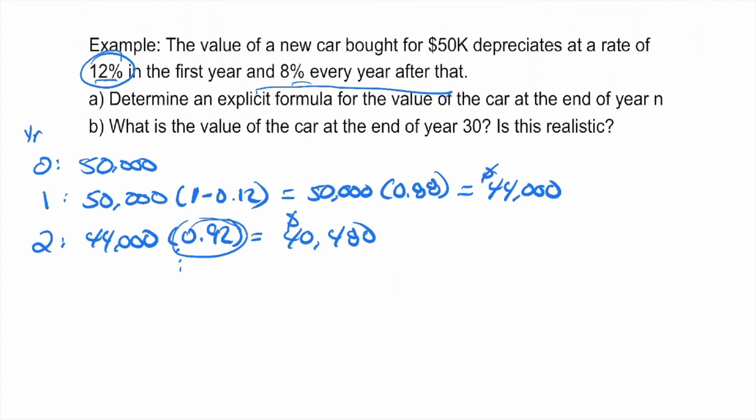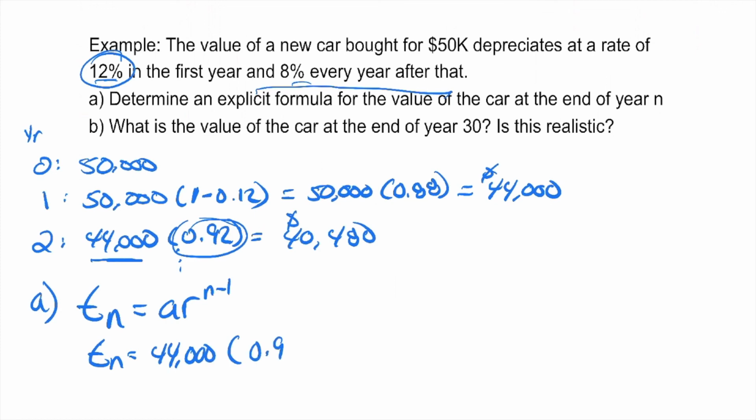What's my initial starting point? In this case, 44,000, because that's when it started depreciating by the same consistent 8%. So our general formula is A times R to the power of n minus 1. T of n is 44,000 times my common ratio 0.92, to the power of n minus 1.